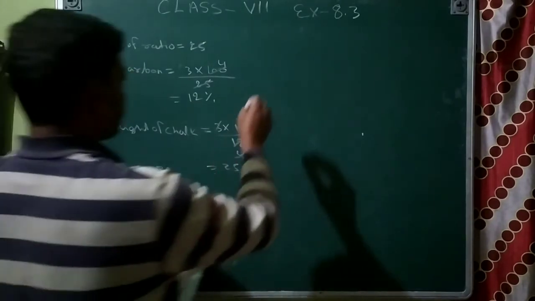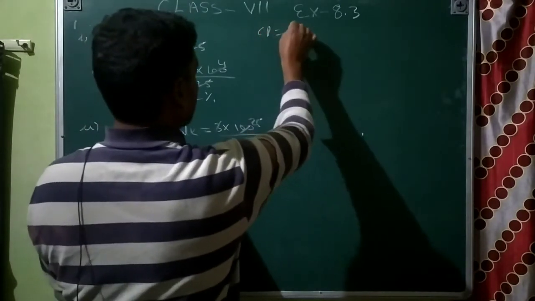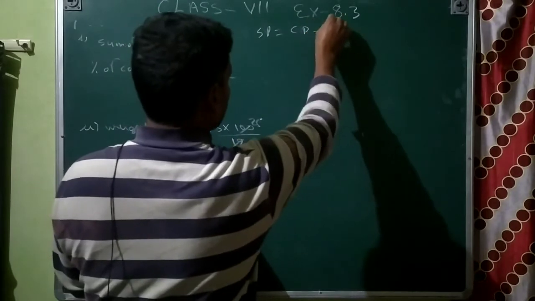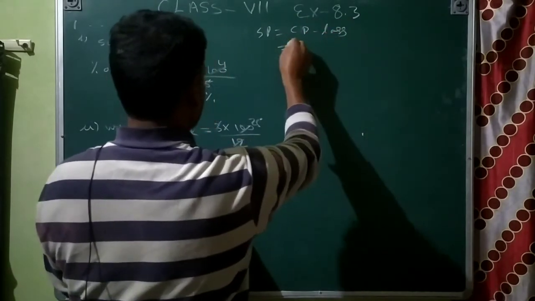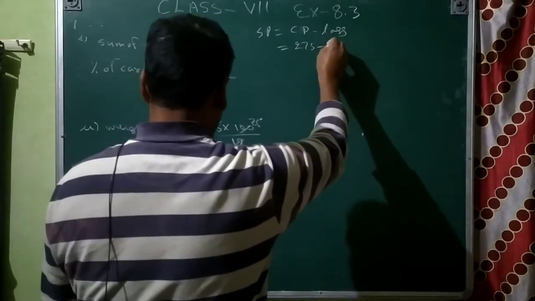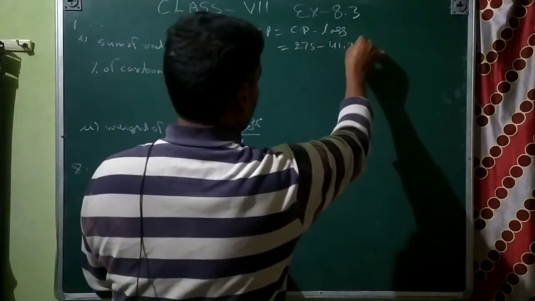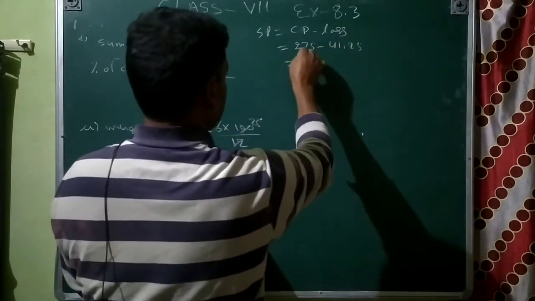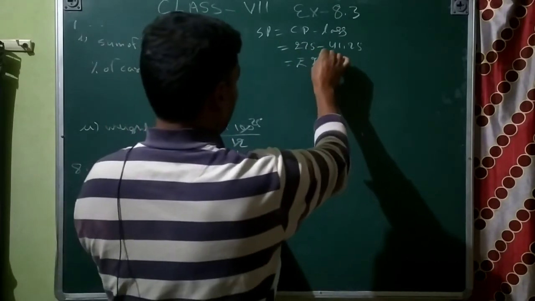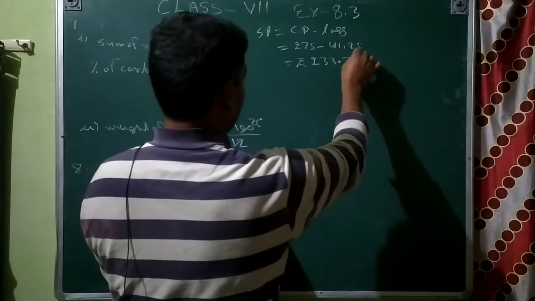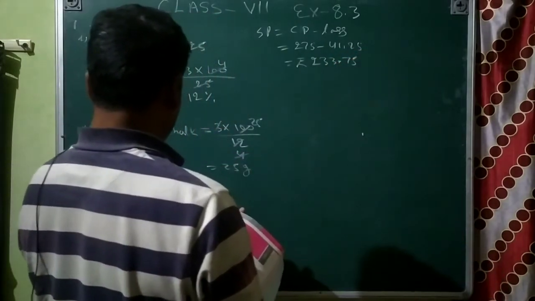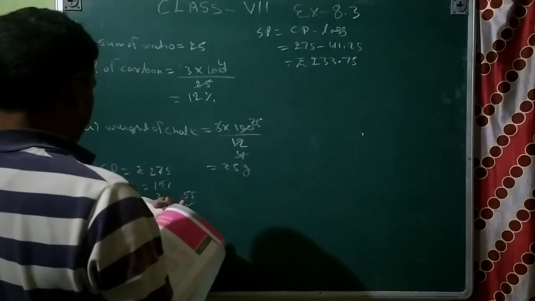So that SP is equal to CP minus loss. So this is 275 minus this 41.25, and then by the subtraction that will be 233.75, answer. And then find the amount to be paid at the end of 3 years.